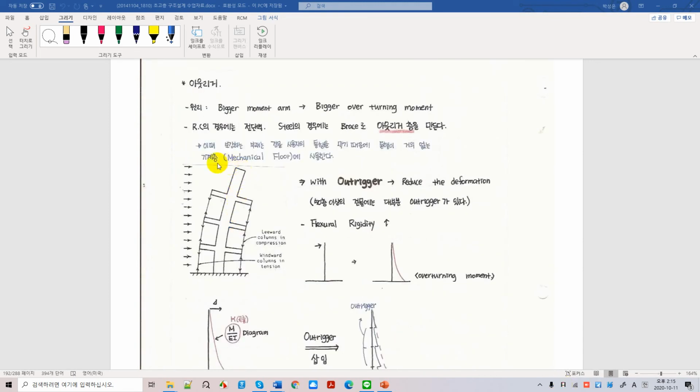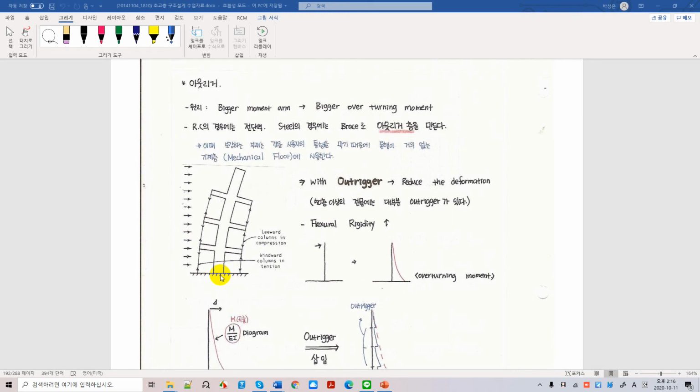Okay, this is a schematic view of outrigger structures. And this is the outrigger. Looks like a jige, isn't it? This is the outrigger right there. So without outrigger, what's the overturning moment capacity? The arm for overturning moment capacity from here to here is very short.